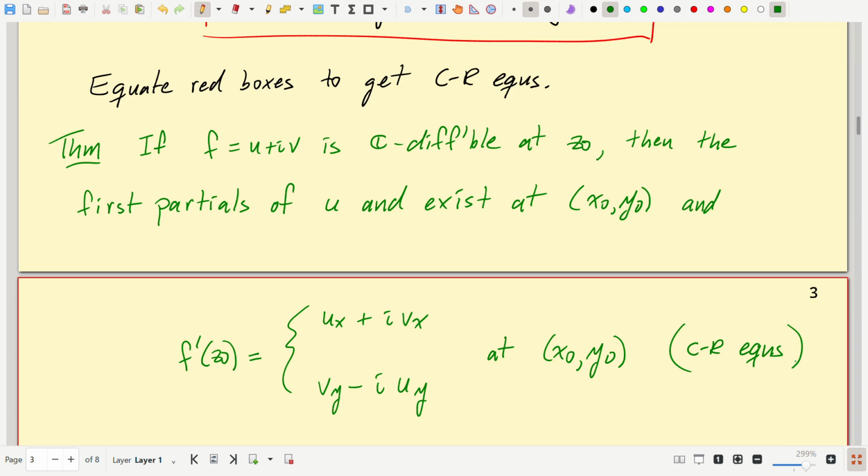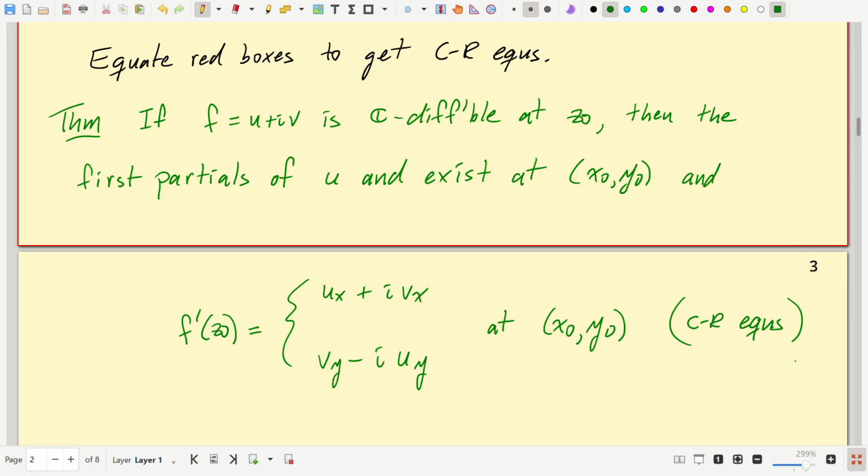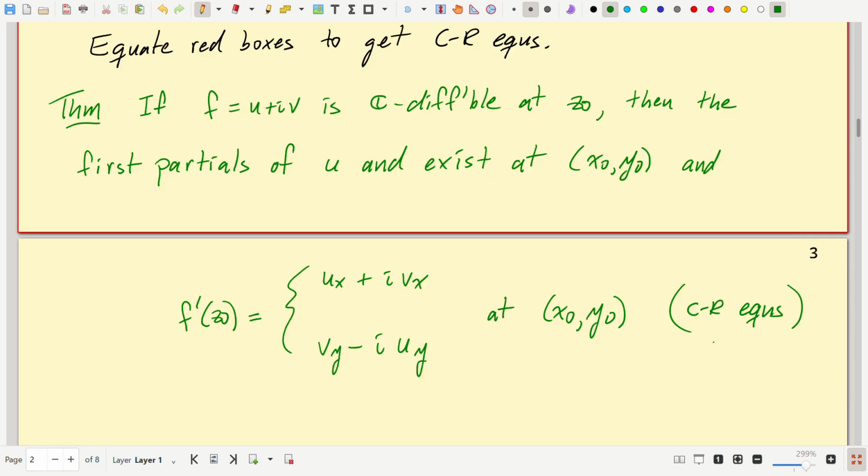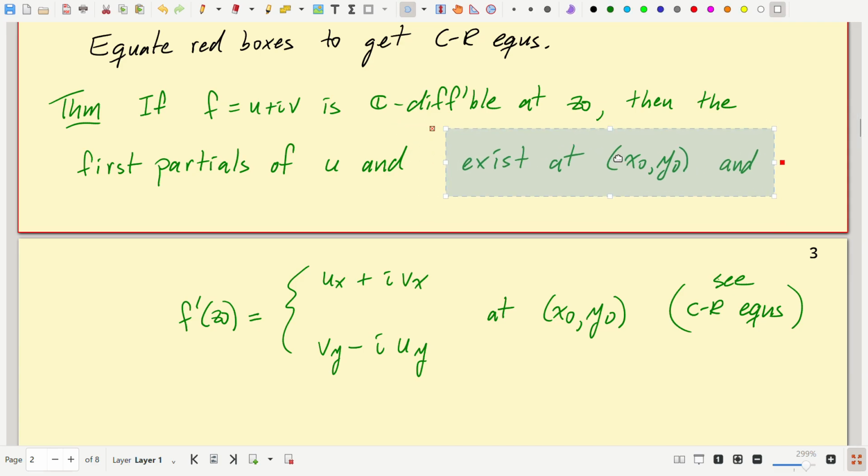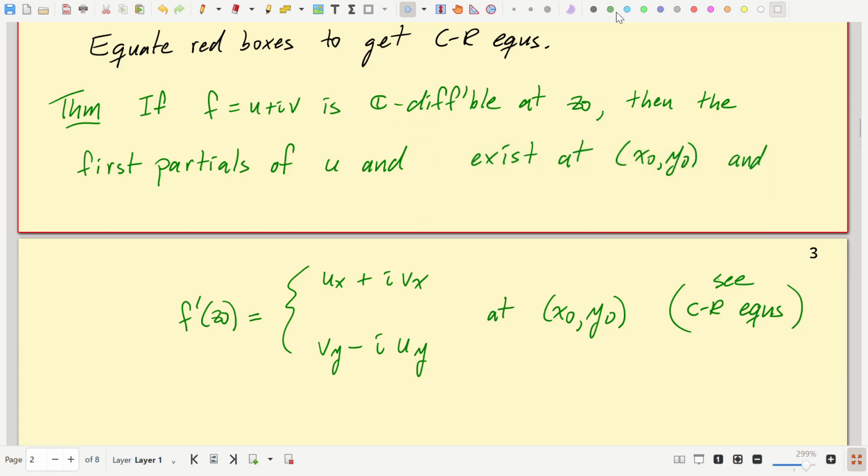Well, the Cauchy-Riemann equations are what you get when you equate real and imaginary parts. What do you mean the first partials of u exist? I mean u and v. Thanks. I do stuff like that frequently. Questions about that?